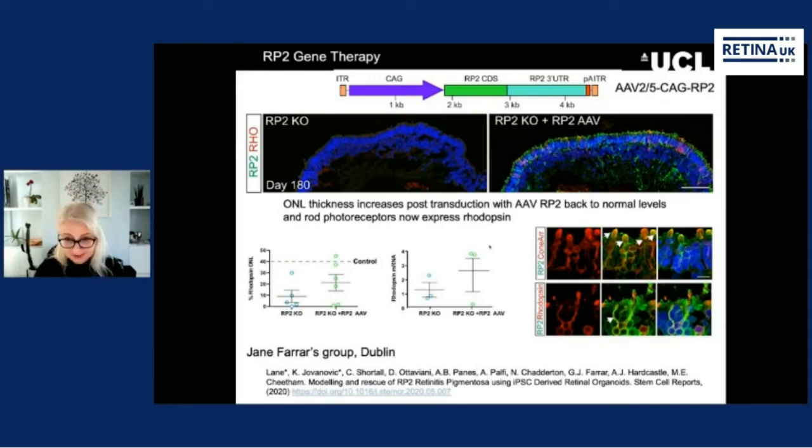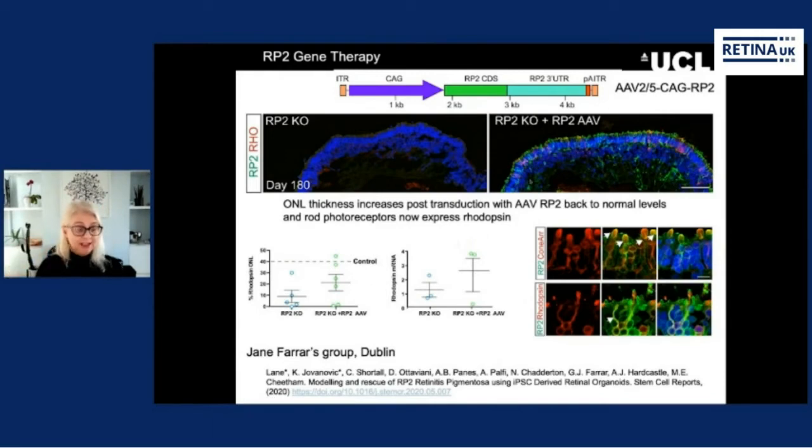The great thing is that not only do we get lots of RP2, we can see that rhodopsin is expressed in the gene therapy organoids, and that means they're making rod photoreceptors properly. Remember earlier I said what we noticed is the retina starts to degenerate when you don't have RP2.